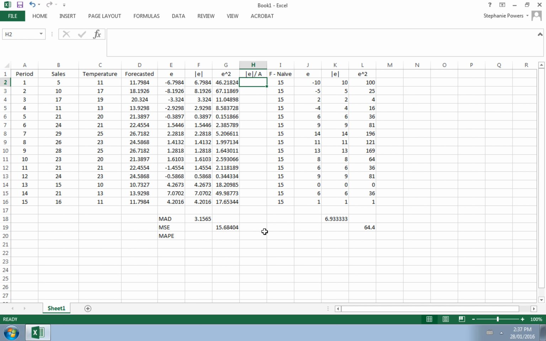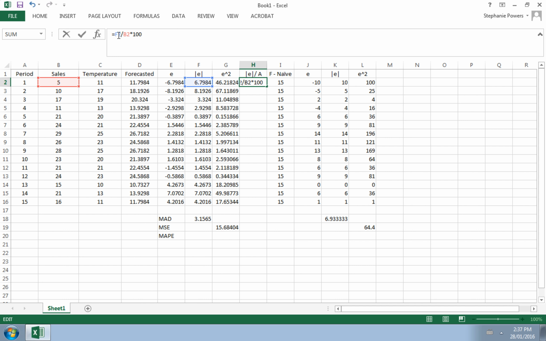But just for fun, we'll do it for the naive approach so you can see how accurate it is. So we have the absolute error. Now we take that absolute error and divide it by our actual. Before we drag it down though, we want to multiply it times 100 so we don't have to deal with lots of decimals.